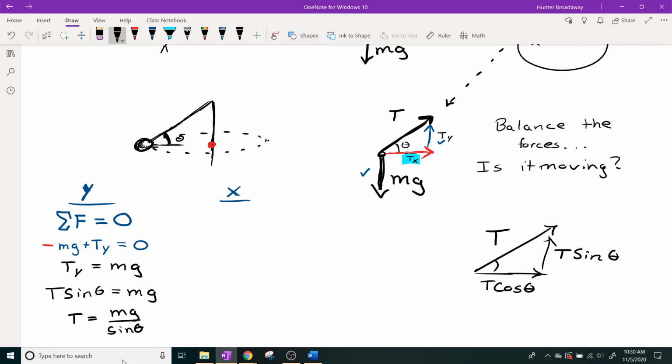So, is it moving? Is there a balanced force? Why isn't there a balanced force? How do we know it's not equal to 0? We drew a picture. Is there another arrow going this way?